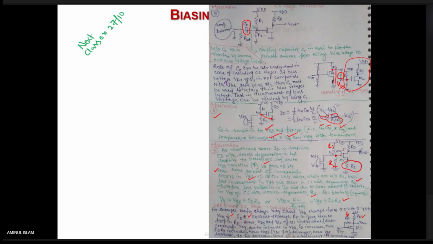Delta VO change has occurred. It is also increasing. In this case, where there is no degeneration resistor RS, VGS is changed by the same amount, delta VO.